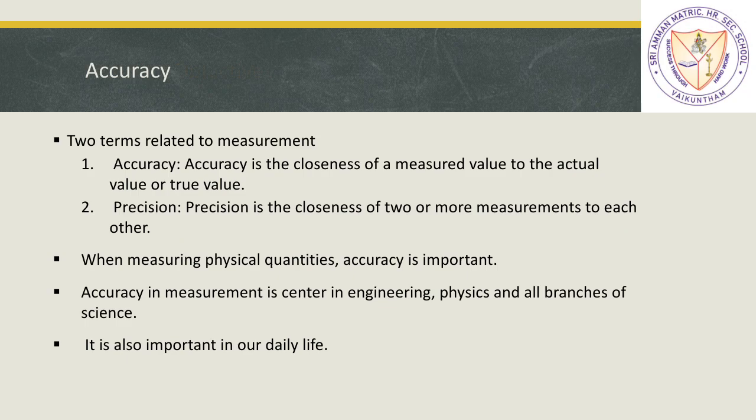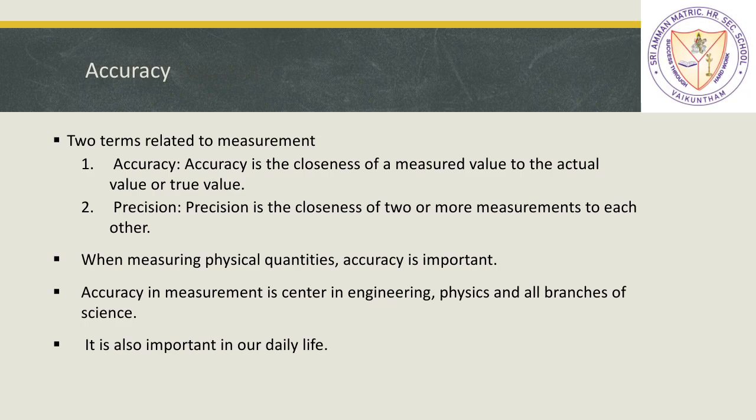When measuring physical quantities, accuracy is very important. Accuracy in measurement is central in engineering, physics, and all branches of science. Whenever we carry out measurement in science, especially physics or engineering, accuracy is very important.